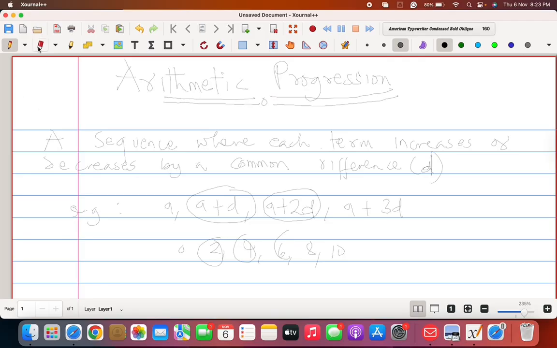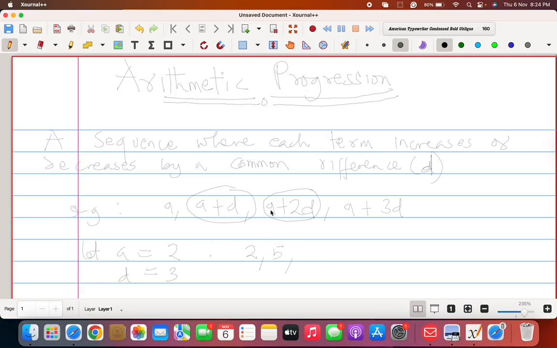So let's say, for example, let's use this formula now. Let's say A equals 2 and D equals 3. So let's form a sequence using this formula. So I say the sequence is going to be 2, comma, for the second term, A plus 3, which is D, is going to be 5.